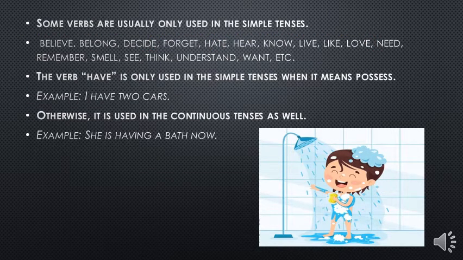Some verbs are usually only used in the simple tenses. I mean, we cannot add ing to them, like the verbs believe, belong, decide, forget, all of these verbs that are related to mental states or emotions or to possession.